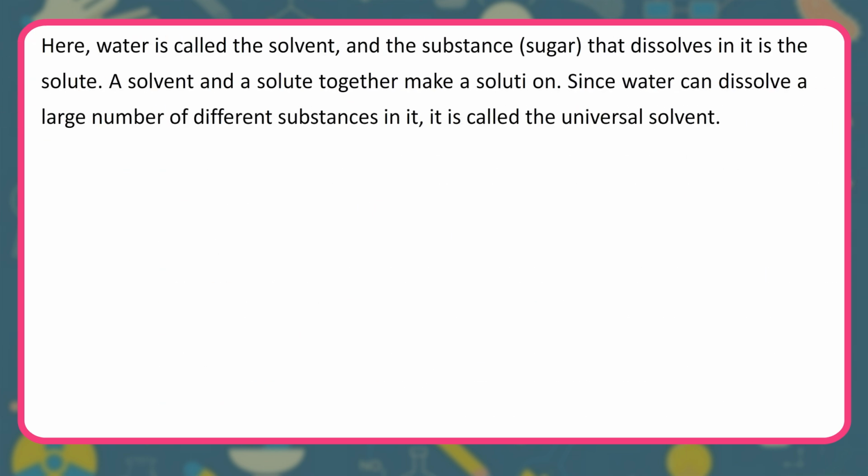Here, water is called the solvent, and the substance, sugar, that dissolves in it is the solute. A solvent and a solute together make a solution. Since water can dissolve a large number of different substances in it, it is called the universal solvent.